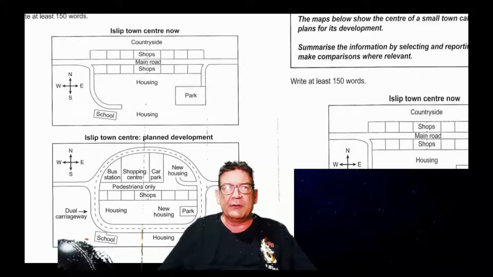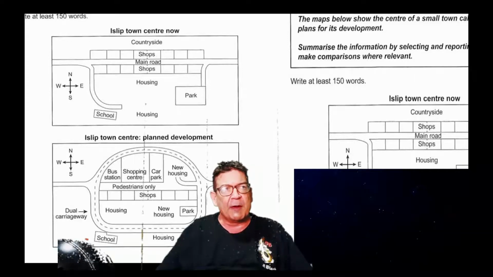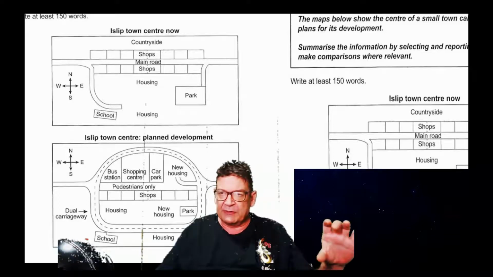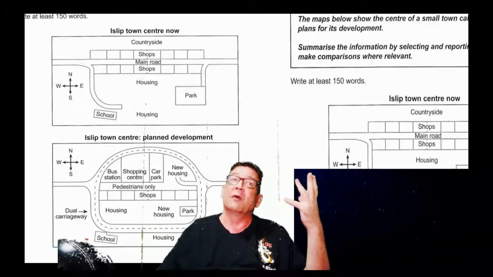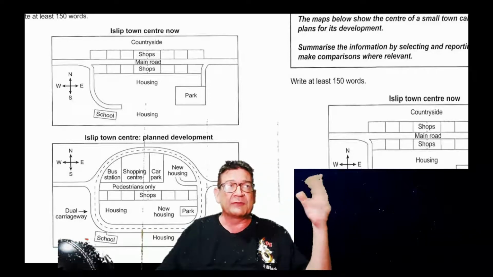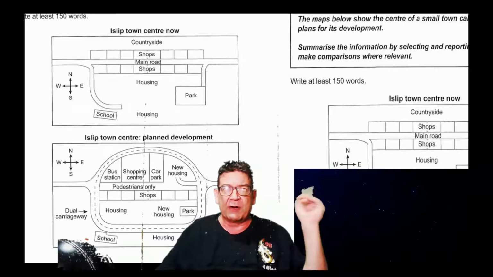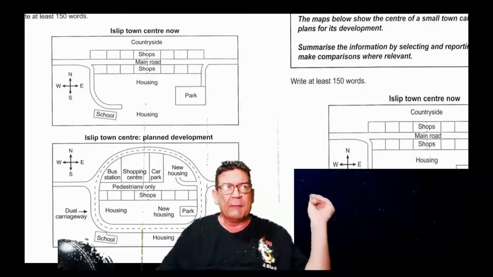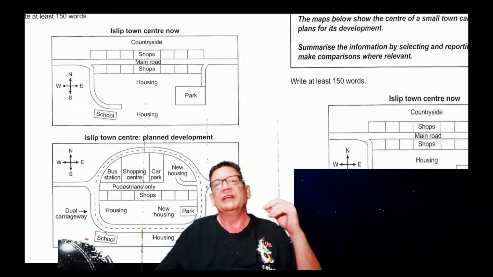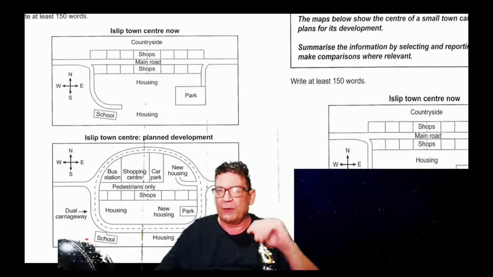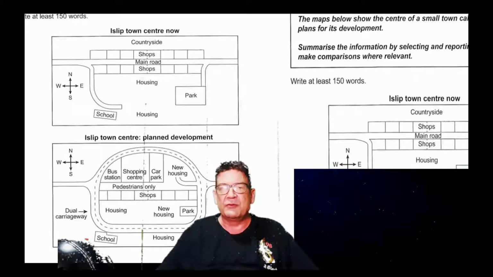However, it usually comes with a description up above the map that says, the maps below show the center of a small town and plans for its development. And then it's going to say, summarize the information by selecting and reporting and make comparisons where relevant. That part is in every Task 1, and it's very important to understanding what you need to do.